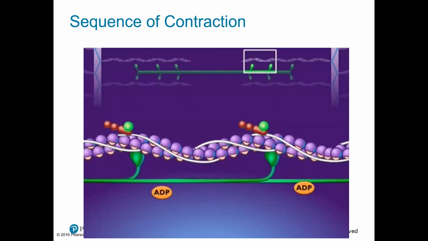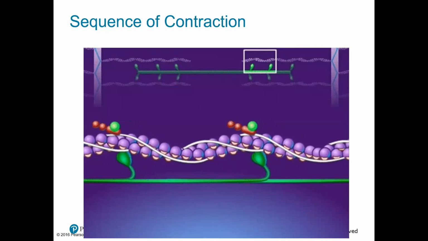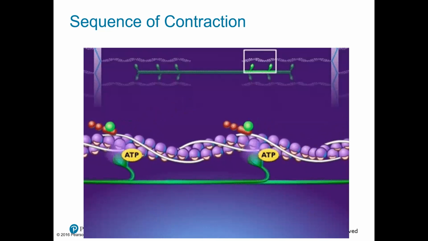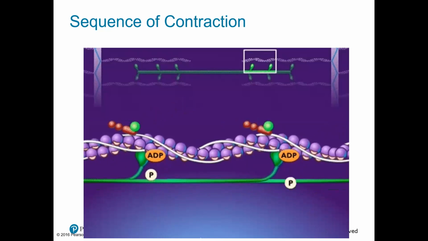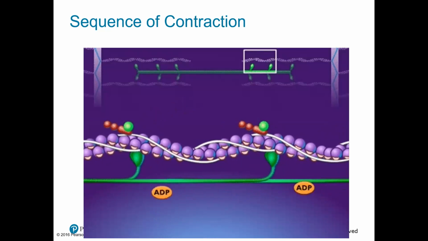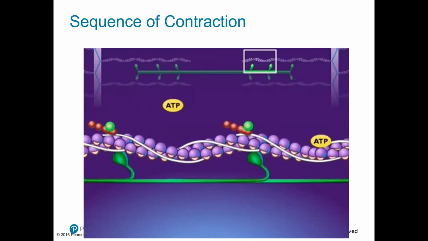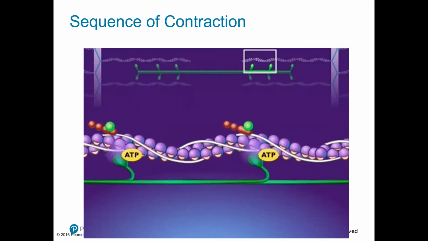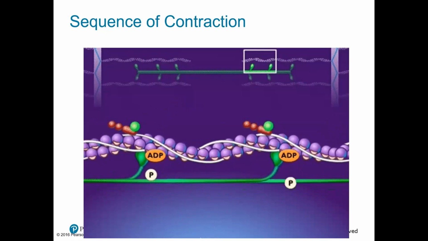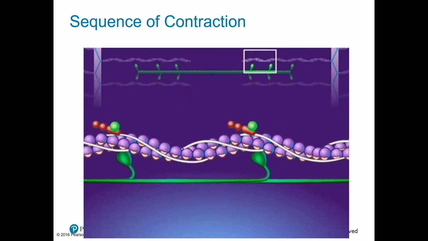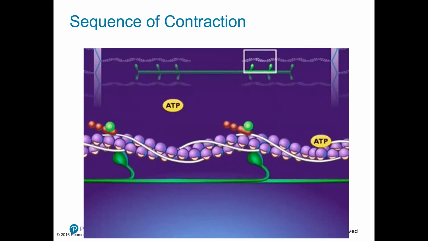This is a nice slow animation of what's going on. There's the yank towards the midline. The myosin heads are still attached to the actin. ATP comes along, lets them detach. That's what's happening right here. They detach, they recock, raise up, grab onto the actin and pull towards the midline again.